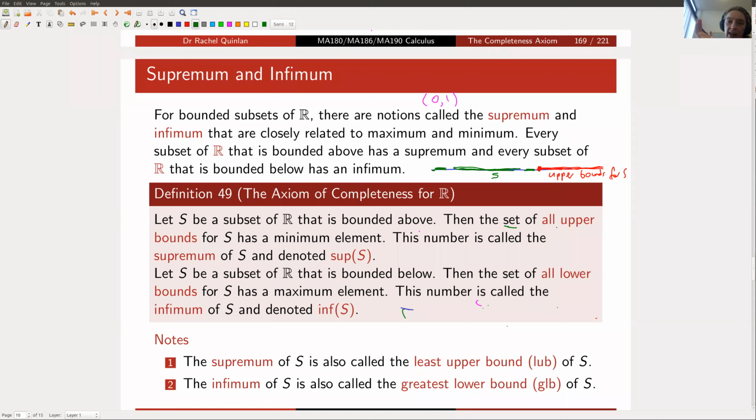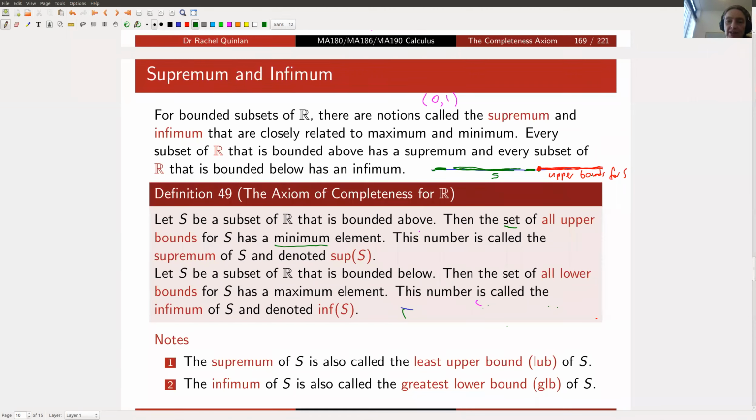The assertion is that that set will always have a minimum element. The set of all upper bounds for S always has a least element if S is bounded above. That least element might or might not belong to S, depending on whether S has a maximum element or not. But the set of upper bounds for S, written here in red, always has a minimum element.